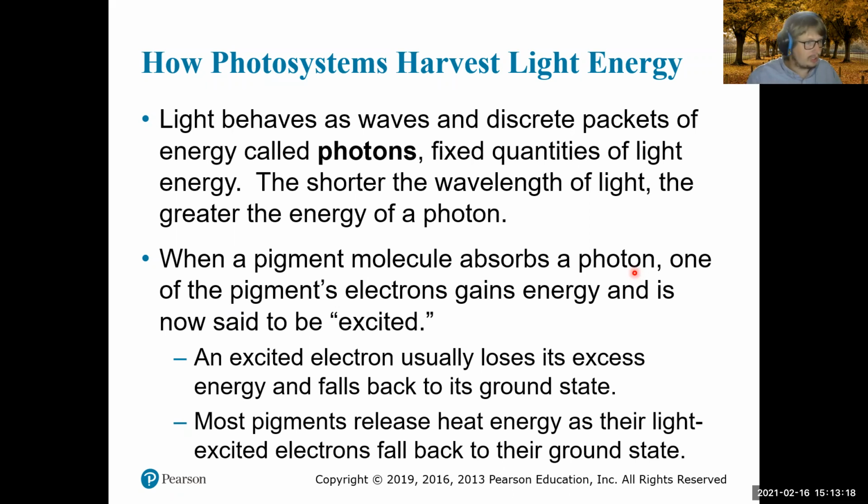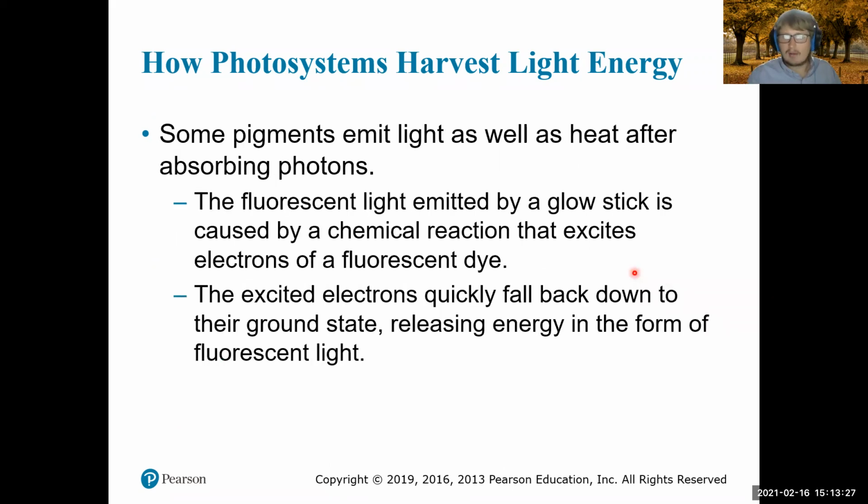And so most of these pigments will release their heat energy as their electrons fall back to that ground state. And also some pigments that are excited will also emit a light as they fall back down to their ground state. And these are known as fluorescent lights.